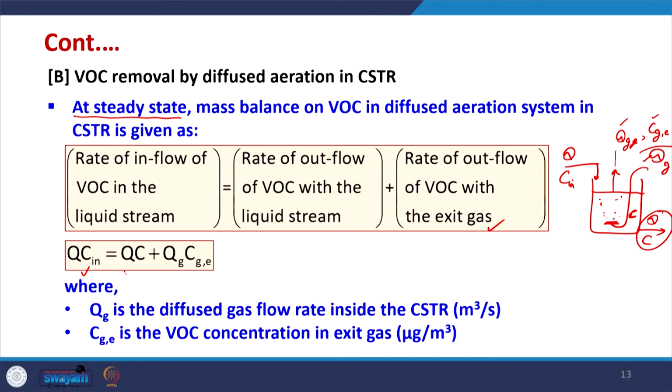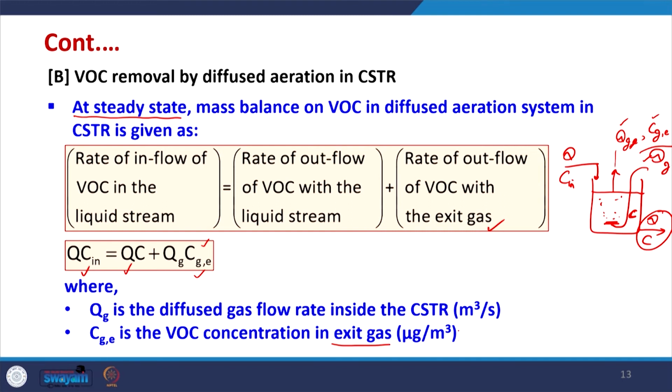So, this is Q multiplied by the concentration, and because we also have the gas, the air which is being diffused, along with the gas some amount of VOC will be going out. We are assuming the concentration in the outlet stream to be Cg, the VOC concentration in the exit gas in microgram per meter cubed.